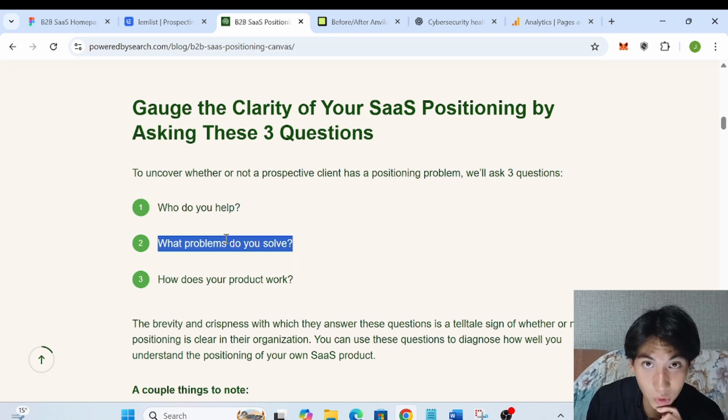What problems do you solve? Like, are you a penetration tester? Do you conduct penetration tests for hospitals around a certain part of the United States? Because your competition doesn't do that. Do you do a certain type of penetration test? Do you do SQL penetration testing?